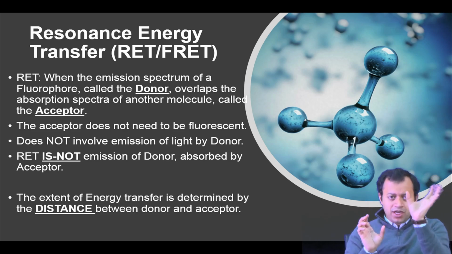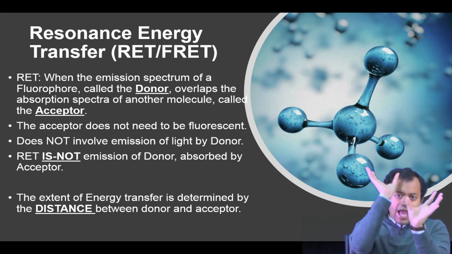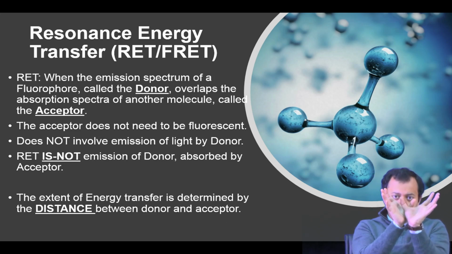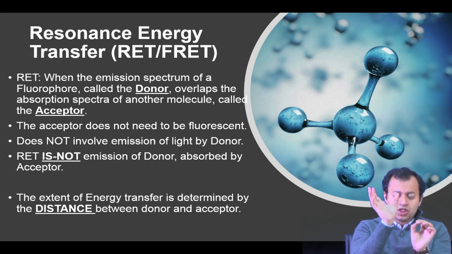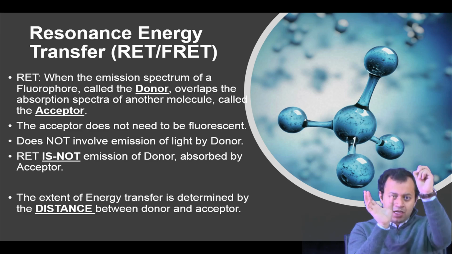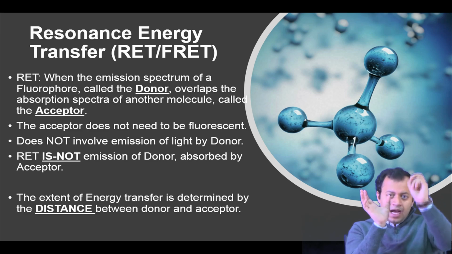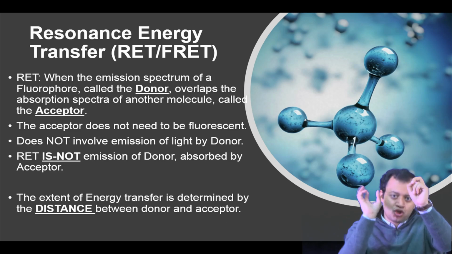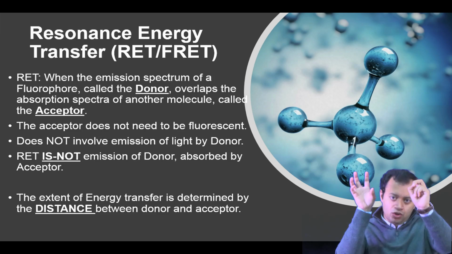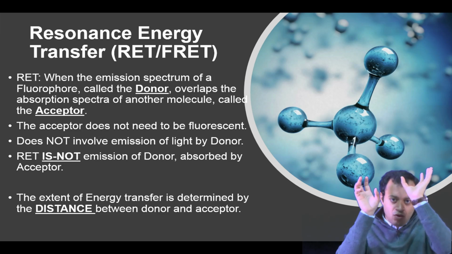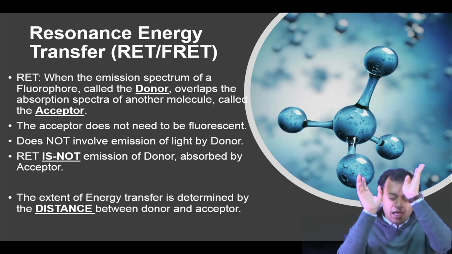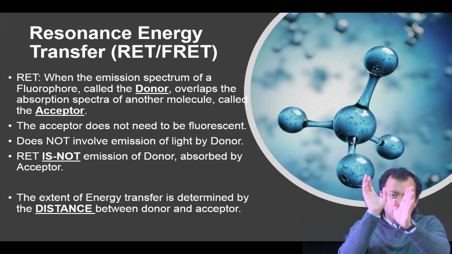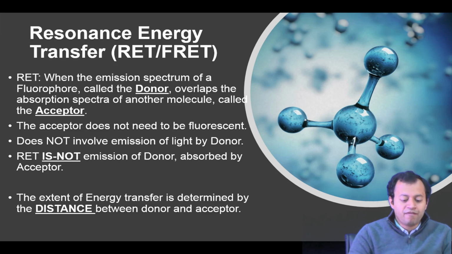The emission spectrum of the donor matches the absorption spectrum of the acceptor, right? Two separate molecules: the emission of one matches the absorption of the other. So, that is called donor and acceptor.